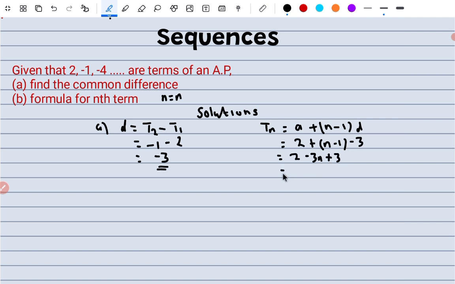Then you group together. This one has got a variable, so the one with the variable comes this side, and this will give us 5 minus 3n. So this is the formula for the nth term. Nothing complicated here. That's just how you answer these questions.